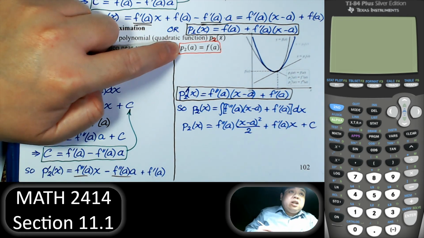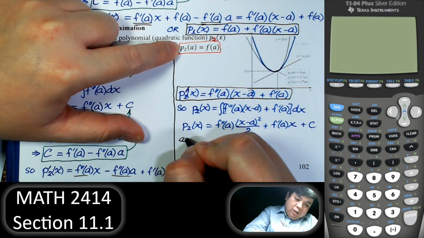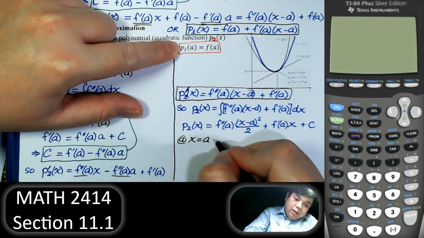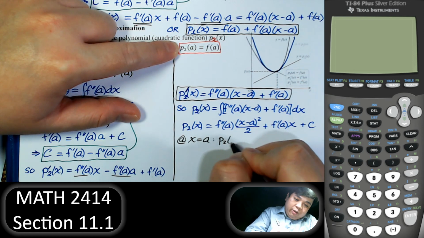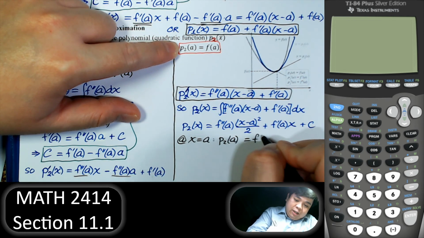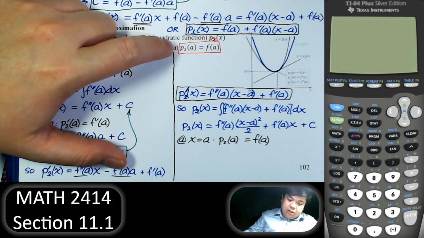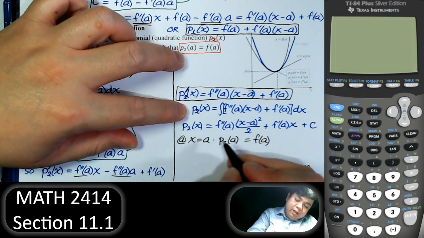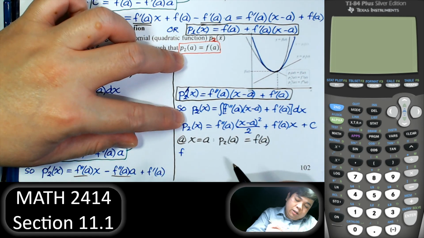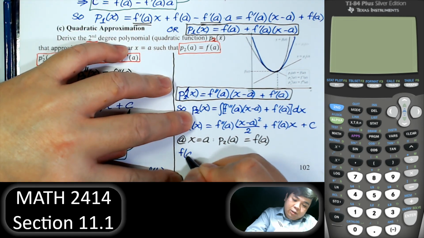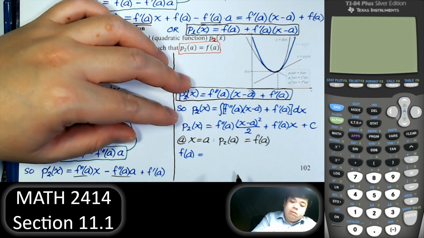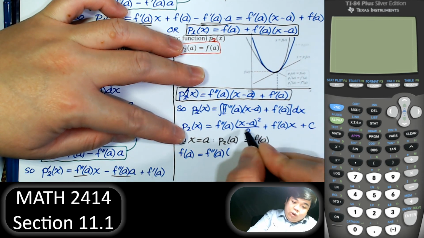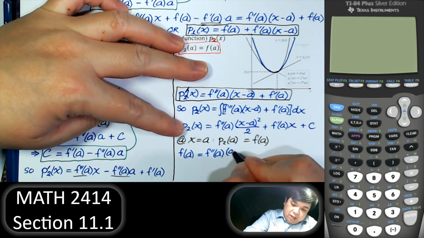Now we're going to use this initial condition at x equal to a. P2 of a is f of a. So put f of a in here. Second derivative at a, here we have a in place of x, (a minus a).